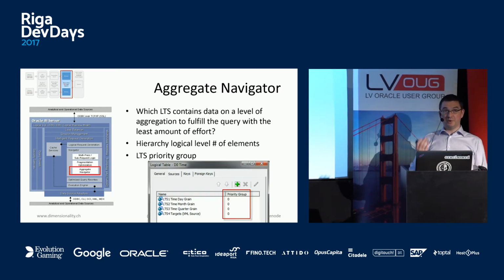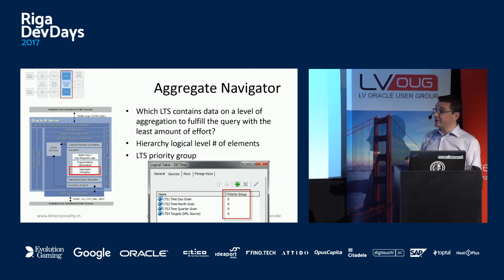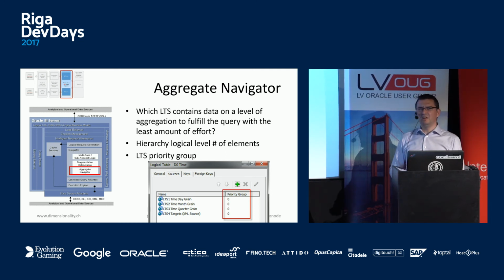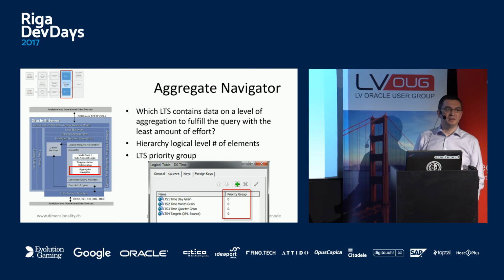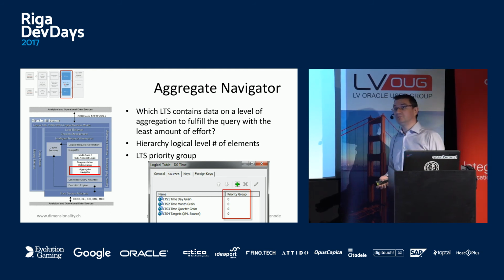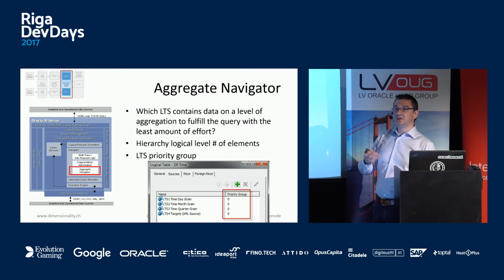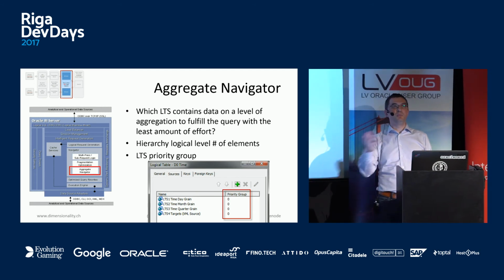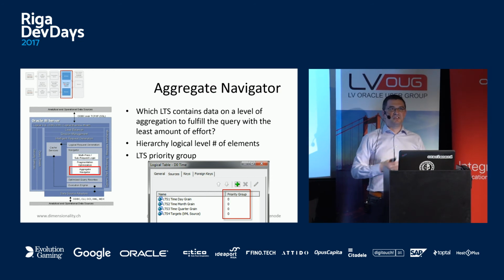Then we have the LTS priority group, so logical table source priority group. In many cases, people come along and say, oh yeah, but we just have one source for everything. Well, good for you. But if you actually work with complex systems, that's not just some random 5 database tables that we pulled together and meshed up.